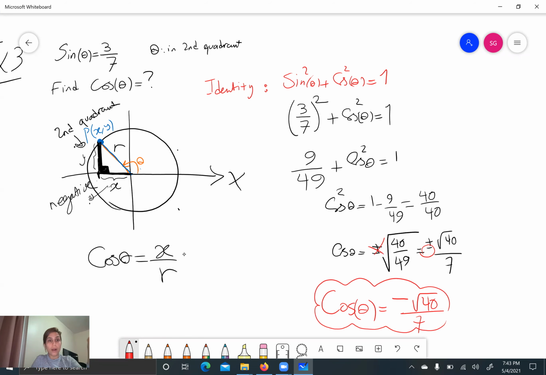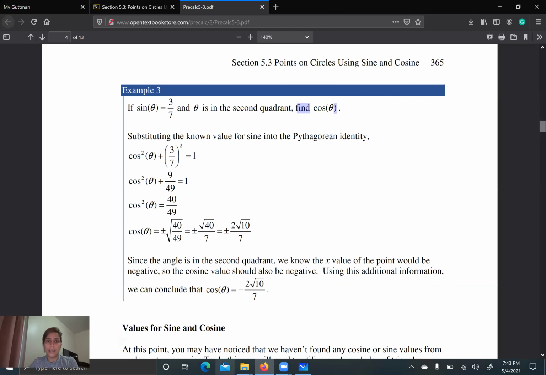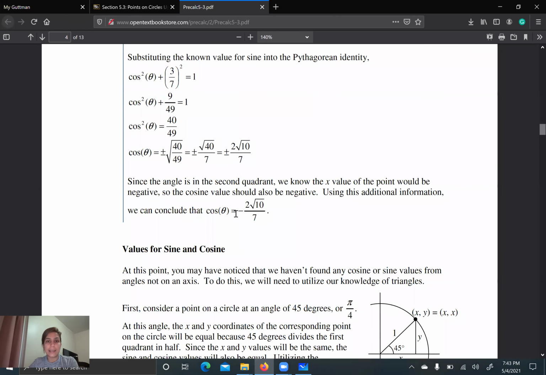So if you draw it, you see that in the second quadrant, this point, or even forget about the right triangle, this point has a negative x value. And cosine is the x value divided by radius. So because the x value is negative, the cosine is a negative number. So the answer is negative.